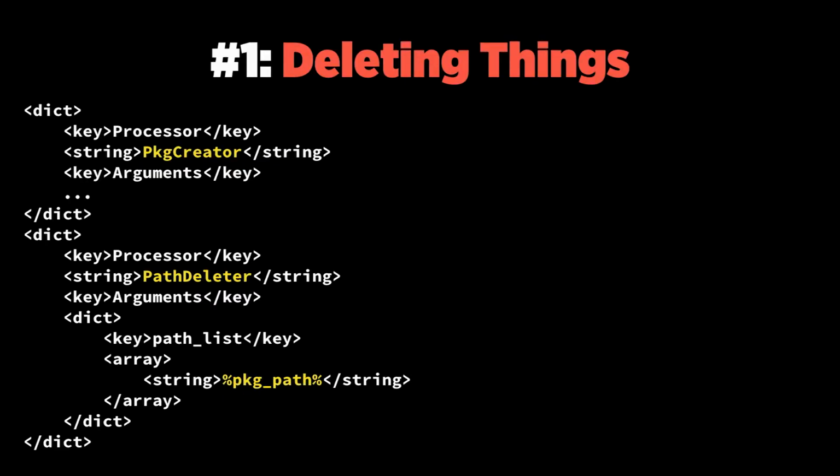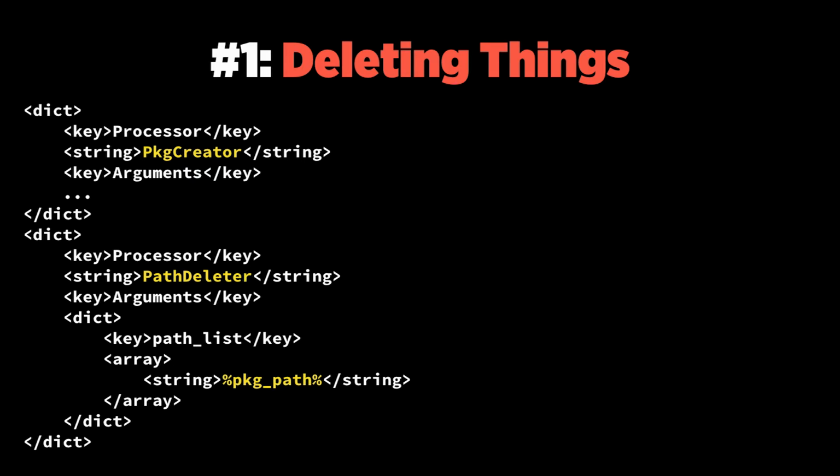So, for example, we could do something really trivial. We could create a package with package creator, and then we could immediately use path deleter to delete that same package. The package_path variable is the output of package creator. This is completely pointless and not useful at all, but we could do it. Path deleter does that kind of thing.